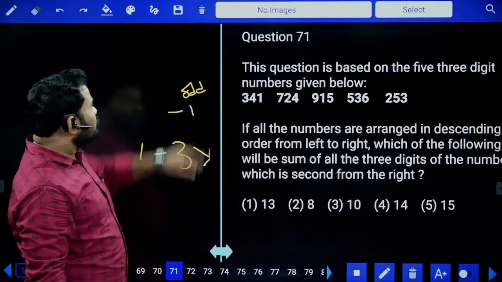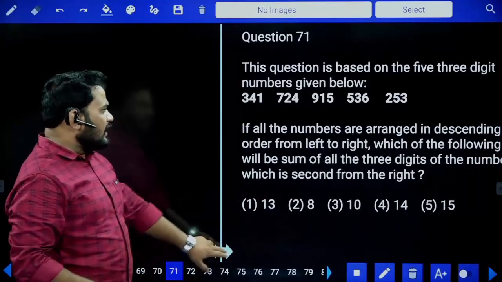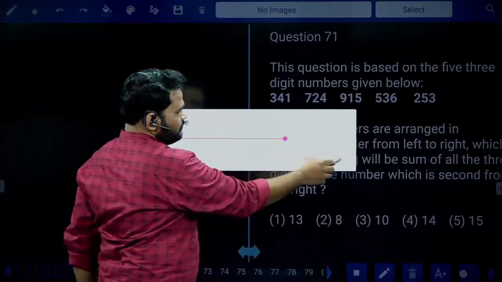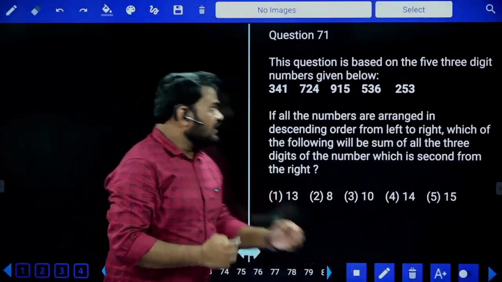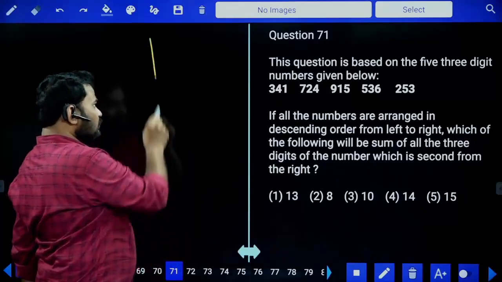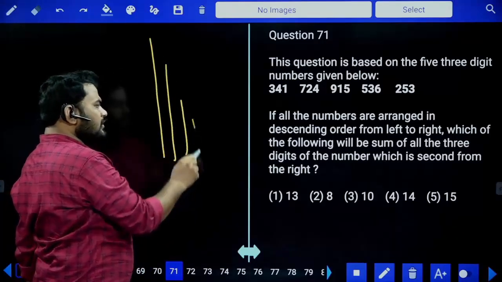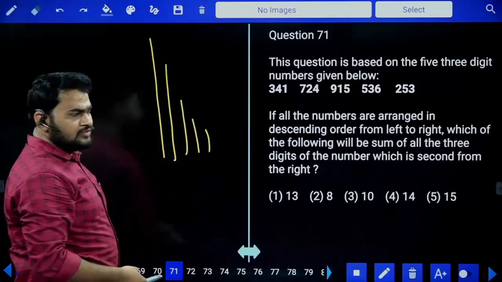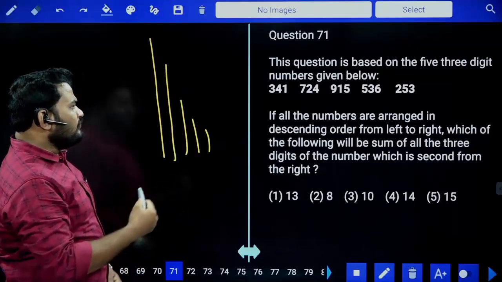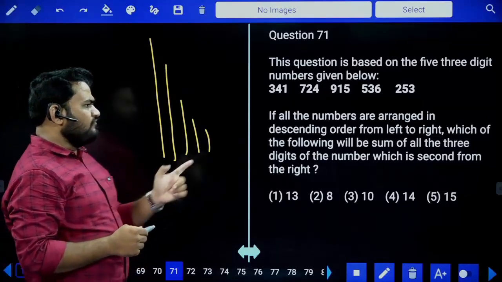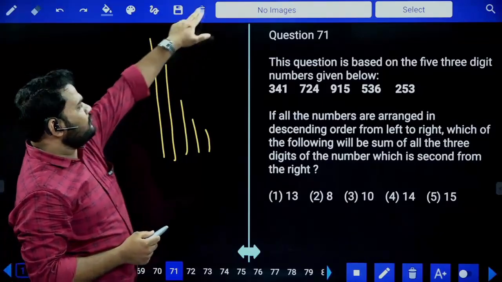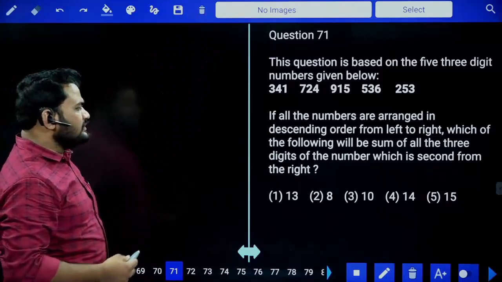Next, 71. If all the numbers are arranged in descending order from left to right, descending order nothing but from highest number to lowest number, we will write each and every number so that we can find the order of numbers in descending order.